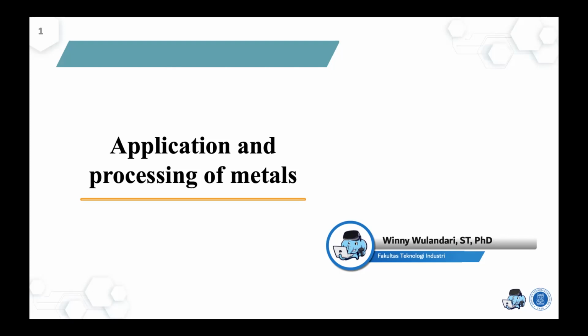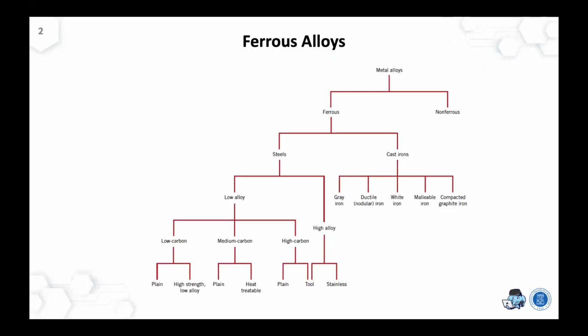It is quite extensive chapters, and I don't ask you to remember all of them, but at least we understand the basics. Details of the metals and what is the advantage of this metal or what is the drawback of this metal, for example. Okay, so we're gonna talk about ferrous alloys.